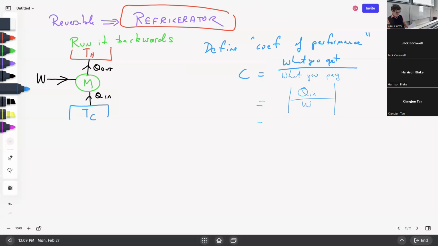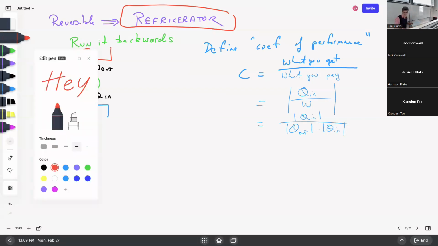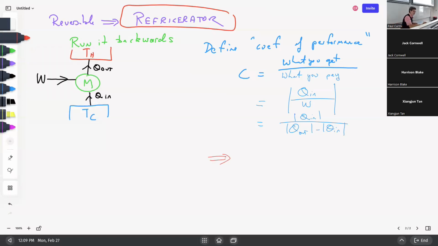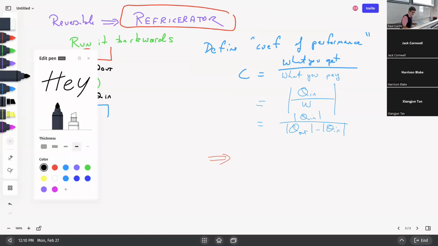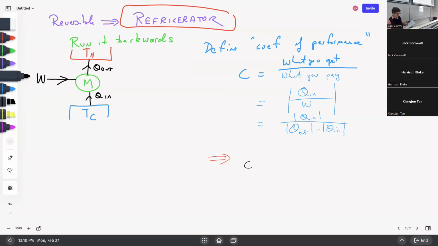This is equal to Q in, and the work is equal to Q out minus Q in. The output of that is that my coefficient of performance is equal to T cold over T hot minus T cold. Okay, this is for the Carnot refrigerator.